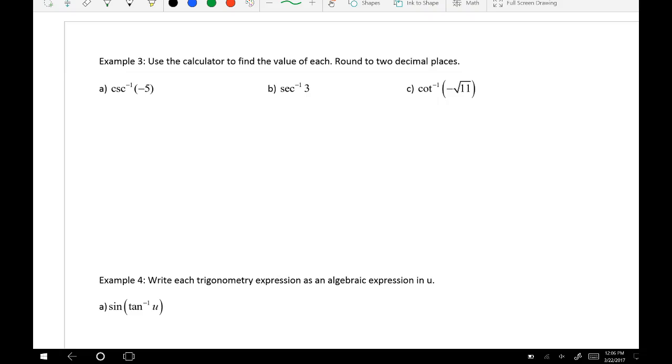Example 3: use the calculator to find the value of each. Round to 2 decimal places. First, cosecant inverse of -5. I want you to have this understanding of why we press what button.